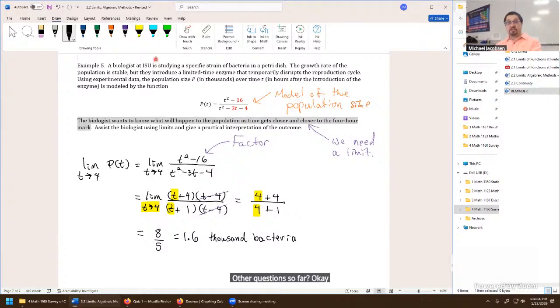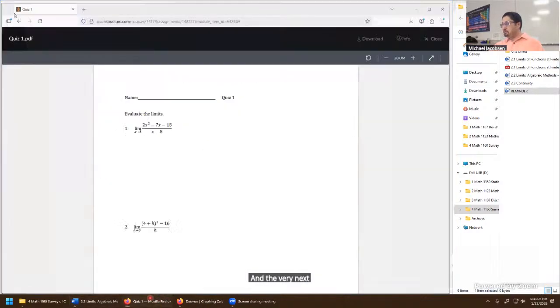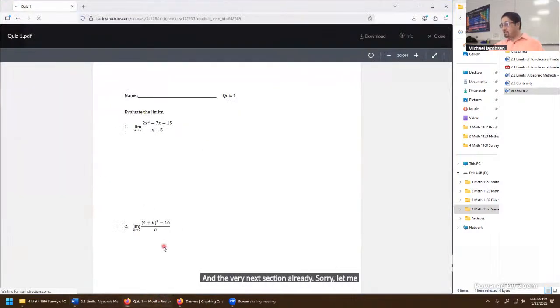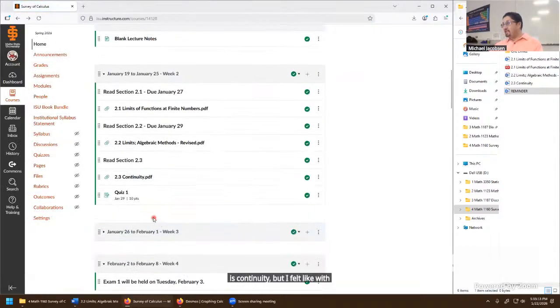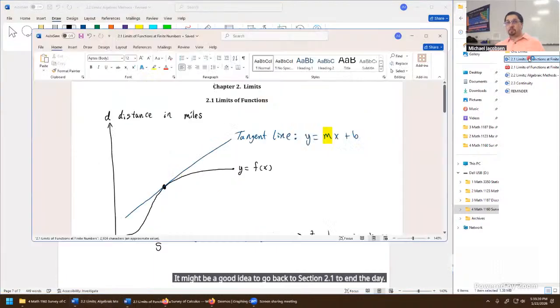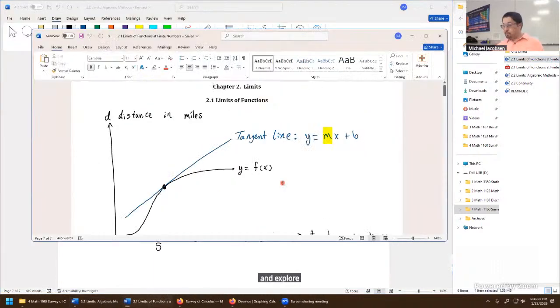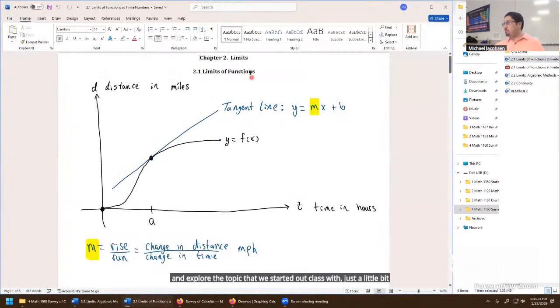Okay, well, we finished section 2.2, limits. There's lots to talk about on this one. And the very next section already, sorry, let me go back to Canvas, is continuity. I felt like with the amount of time we had, it might be a good idea to go back to section 2.1 to end the day and explore the topic that we started out class with just a little bit in our current problem.